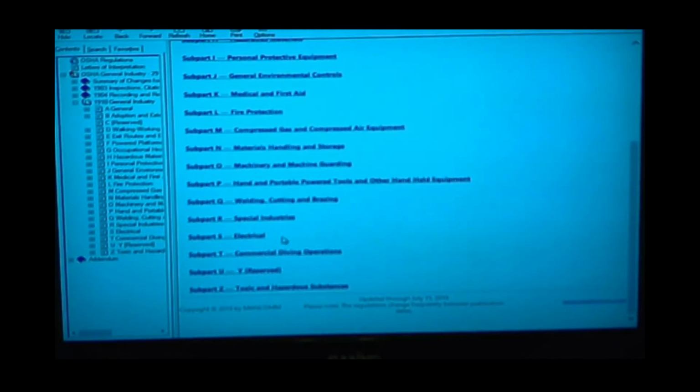You have Subpart S is electrical. You have commercial diving, toxic and hazardous substances. You might recognize a lot of these titles as they apply to most facilities. But being this is electrical training, we go to electrical, Subpart S.